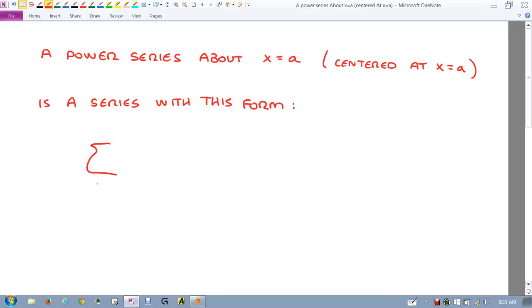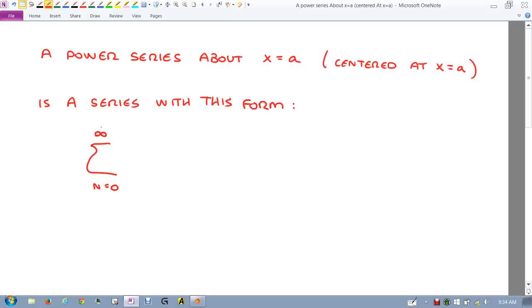Sum n equals 0. Okay, we start our index at 0 for power series. And I know that that goes against what we've said. We always said that n is going to start out at positive integers starting at 1, but it really doesn't matter where we start our index.